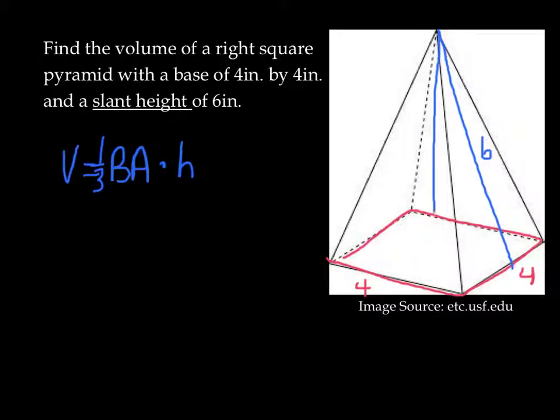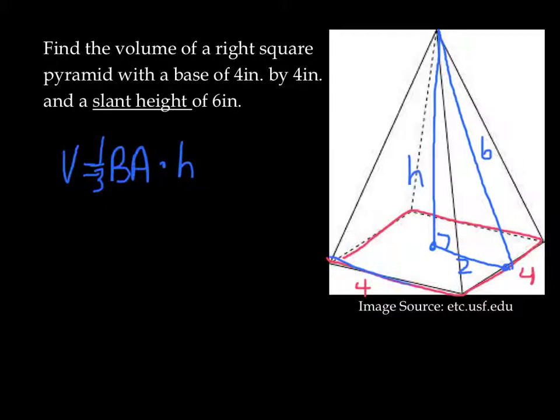Now we'll recall from previous videos that the slant height and the height form a nice right triangle with each other. So I've got a right triangle here where one side, the hypotenuse is 6, the height is unknown, and this bottom side is actually a length of 2, because that comes from the center of the pyramid to the outside.